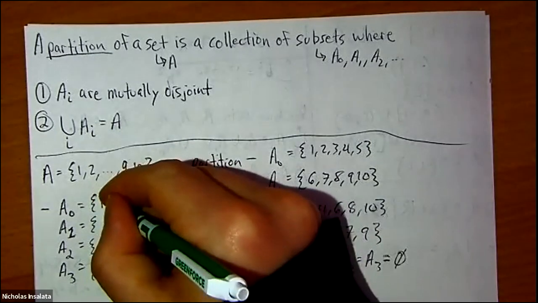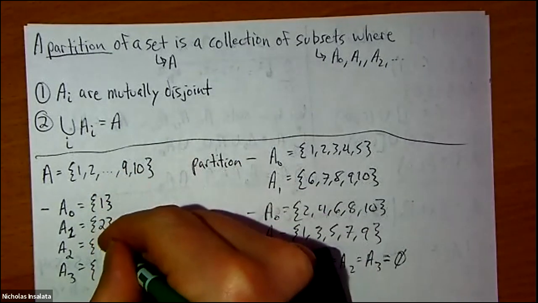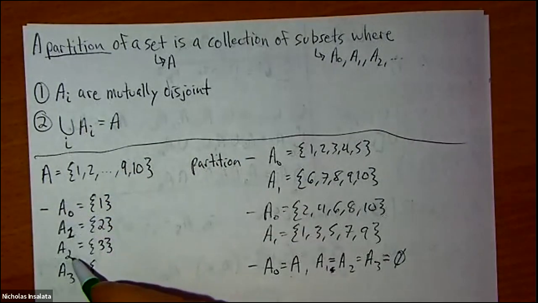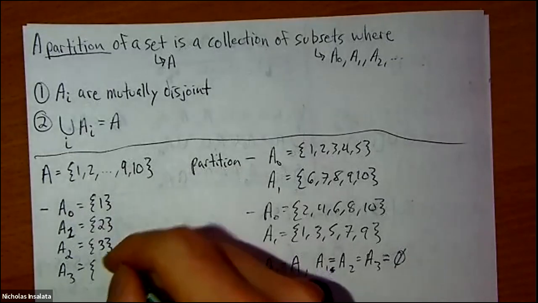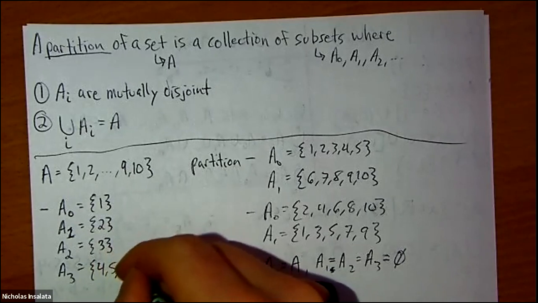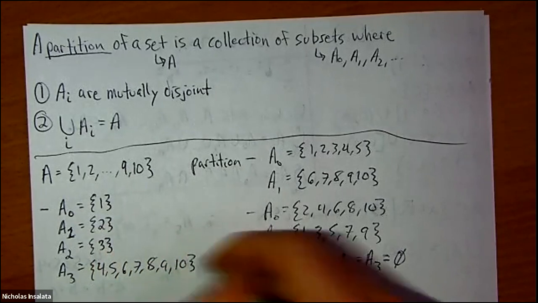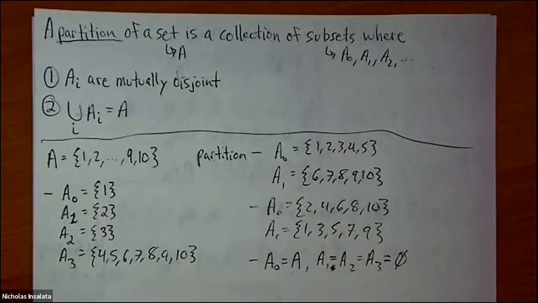Those are called singleton sets because there's one element inside. So A0, A1, and A2 are all singleton sets. A3 has the rest of A, which would be 4, 5, 6, 7, 8, 9, 10. The basic idea of a partition is to segment a set, divide it up into parts. That's why it's called a partition.